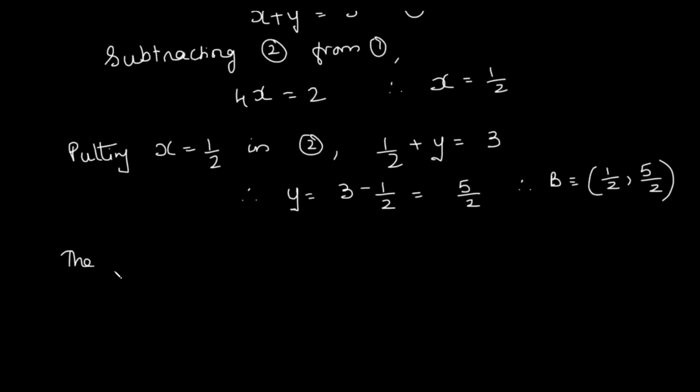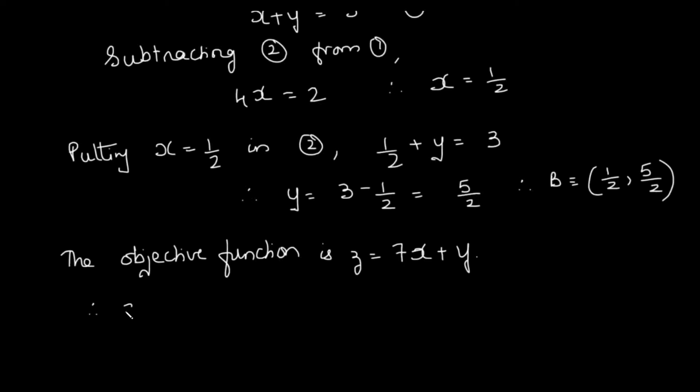The objective function is z is equal to 7x plus y, and therefore we have ZA.